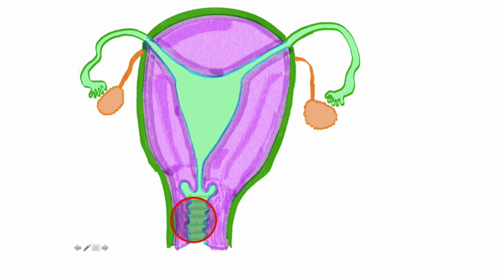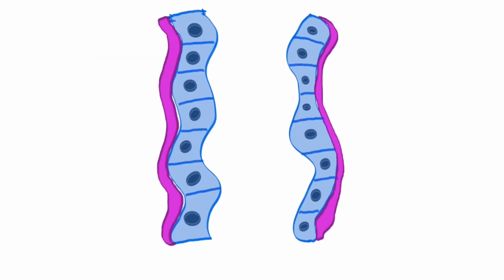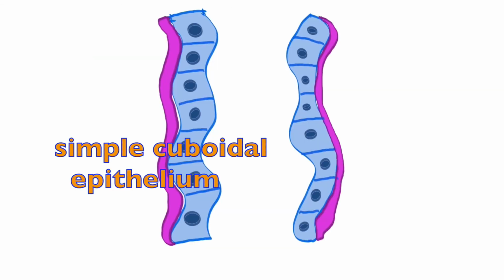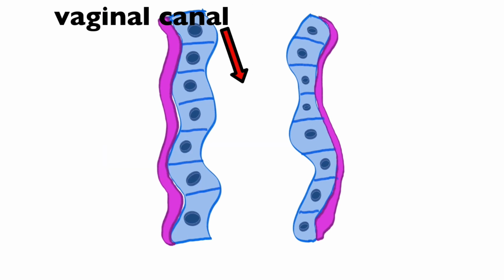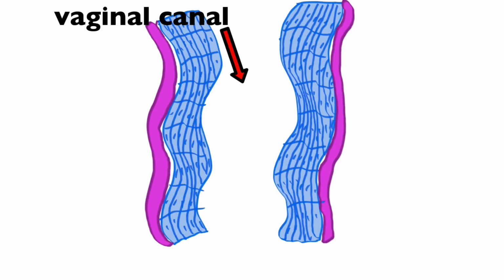When we look at the vagina down here, it is originally composed of simple cuboidal epithelial tissue. And as you may notice by looking at this, these cells are fairly cuboidal in shape and not tall and elongated like we saw in the columnar. But at puberty, the vagina in females transitions to a stratified squamous epithelial tissue.